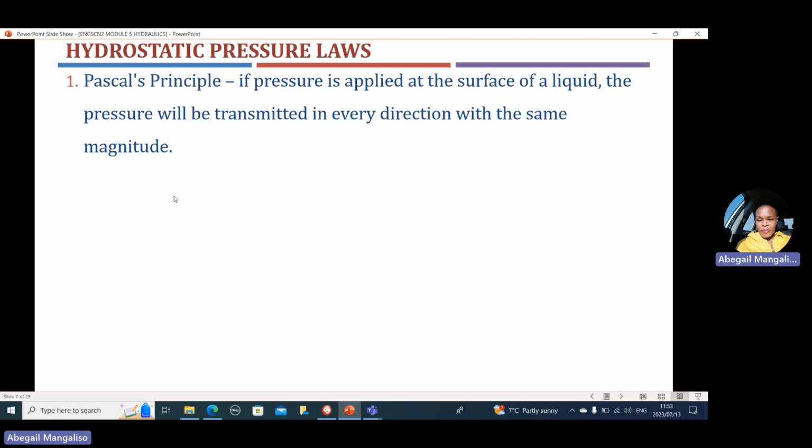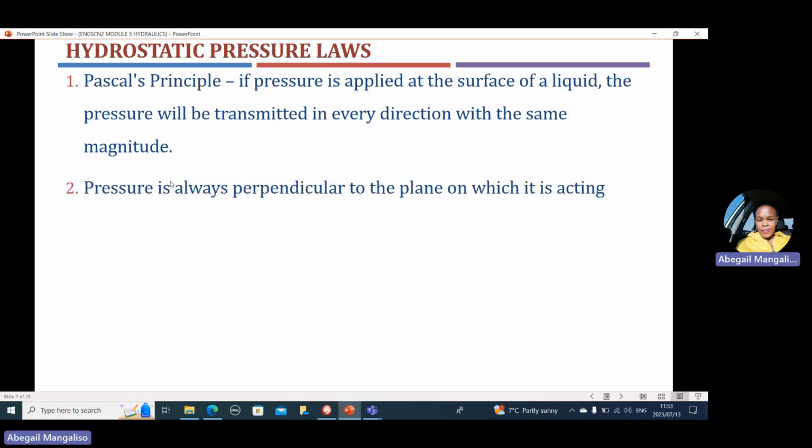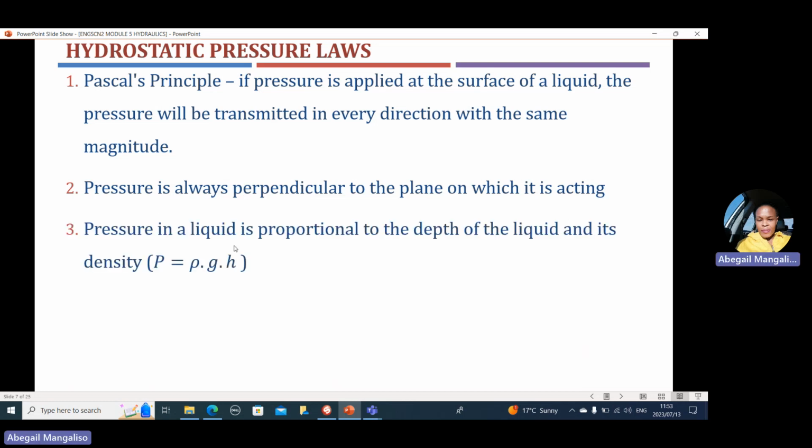That is Pascal's principle. The second law states that pressure is always perpendicular to the plane on which it is acting. And the third one states that pressure in a liquid is proportional to the depth of the liquid and its density. So when we have a liquid column, the pressure inside depends on what type of liquid is there, which is the density.